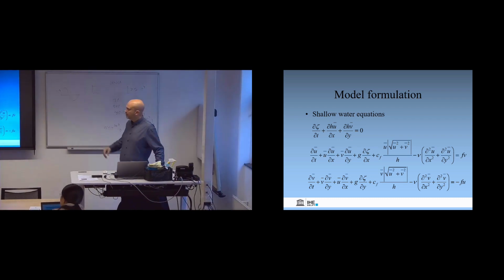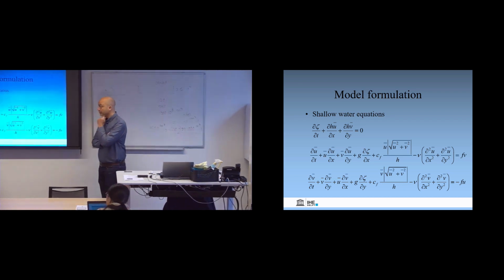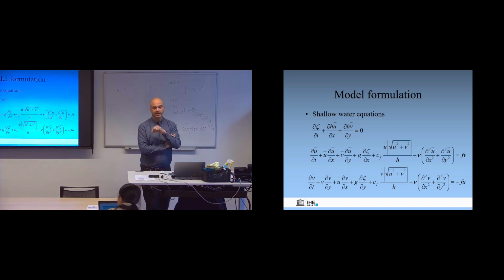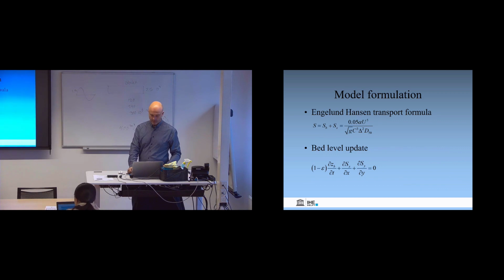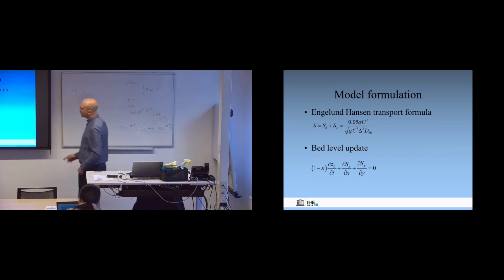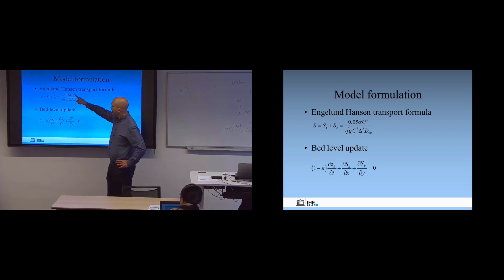And this system basically has three unknown parameters: water level, velocity v and velocity u. It's also three equations, so you can solve the problem, and you know the velocity and the water level at every point in your grid. If you know that, you can calculate, for example, by a sediment transport formulation, sediment transport.